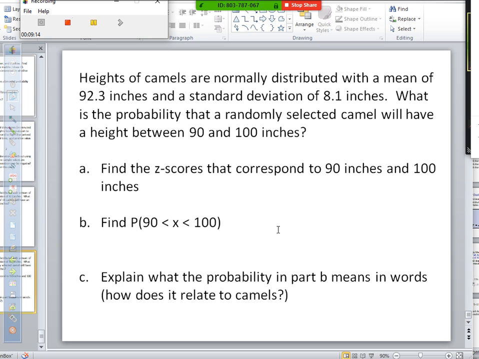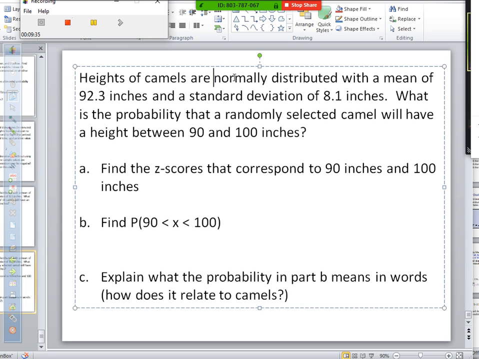So those are the 2 things. It does say normally distributed. So then you check, is there a sample size n? I do not see a sample size n. So this is a basic normal one. There's no sample size. Does that make sense?